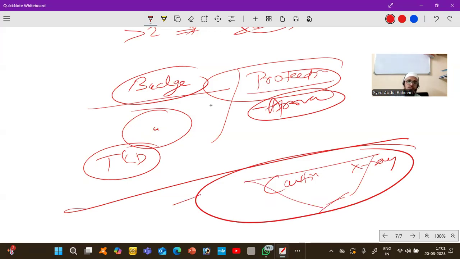These logos are prepared in our country by AERB, the Atomic Energy Regulatory Board. They give the guidelines on how to protect yourself from radiation and the necessary guidelines. All this is prepared by AERB.